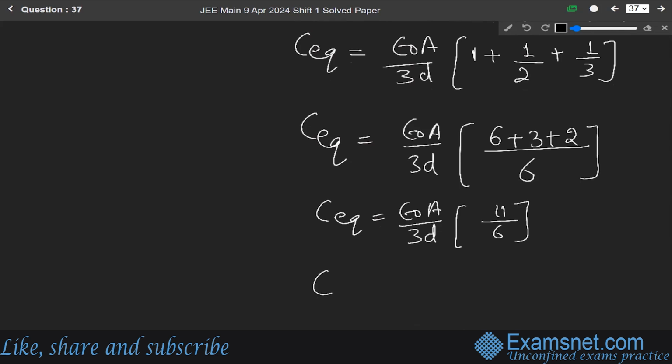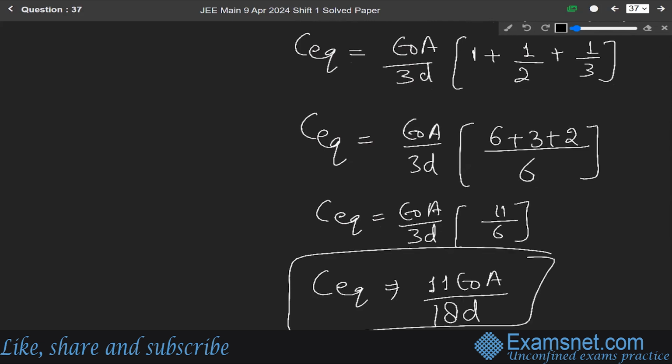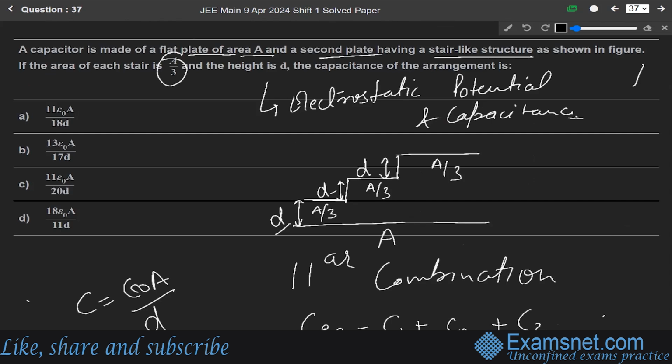So C equivalent, 6 threes are 18, we get 11 epsilon naught A over 18D. This is our final answer. So the capacitance of this system is 11 epsilon naught A over 18D, means option A.